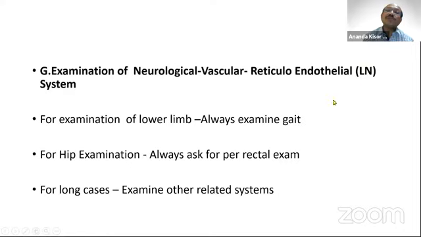For the reticuloendothelial system, we have to examine the Cloquet's lymph node, which is present medial to the pulsation of the femoral artery, and also the external iliac group of lymph nodes on the abdominal component. For the lower limbs, always examine the gait. For the hip examination, always ask for the per rectal examination.